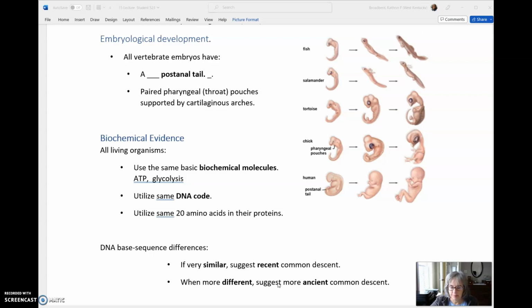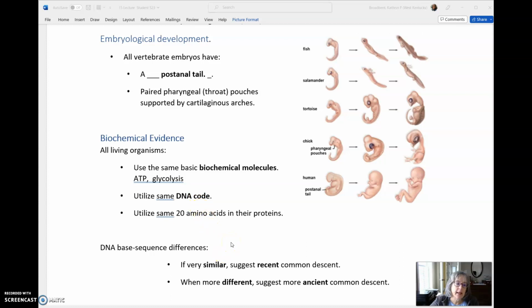We'll talk about that next week. They all use the same DNA code. We all use the same 20 amino acids in our proteins. So we're able to take the DNA code from bacteria and put it into another organism because the new organism will read it the same way the bacteria did.